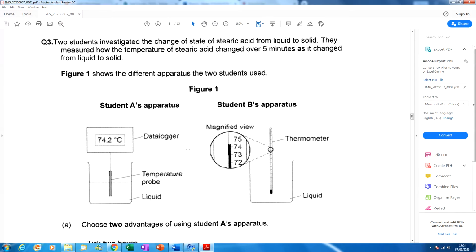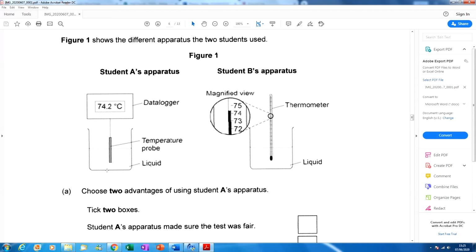Question 3. Two students investigated the change of state of stearic acid from liquid to solid. They measured how the temperature of stearic acid changed over 5 minutes as it changed from liquid to solid. Figure 1 shows the different apparatus the two students used. So the liquid is always in a beaker.